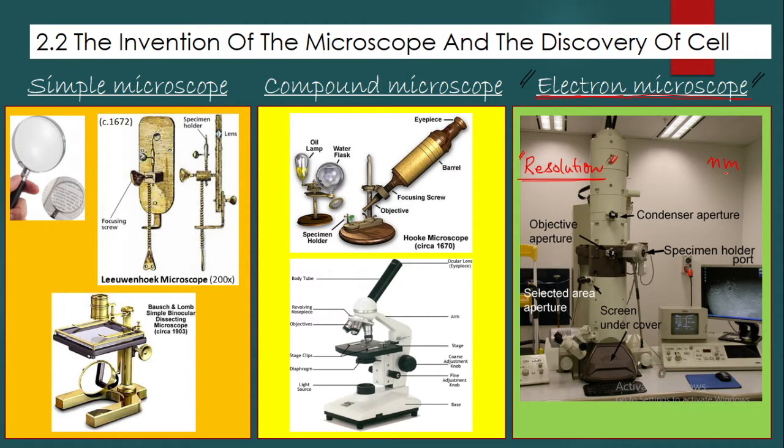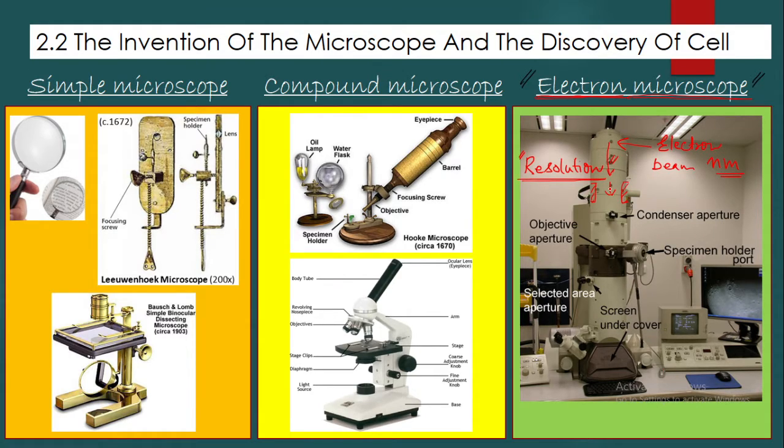Here the electron beam, which is also known as the cathode ray, which you will study in chemistry, is generated. This beam will move downwards. On either side there are powerful magnets. These magnets will focus this beam.